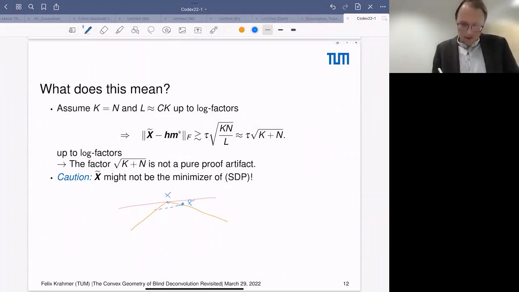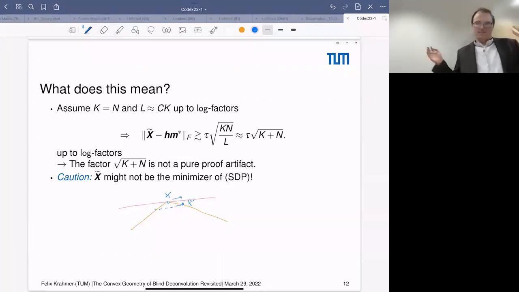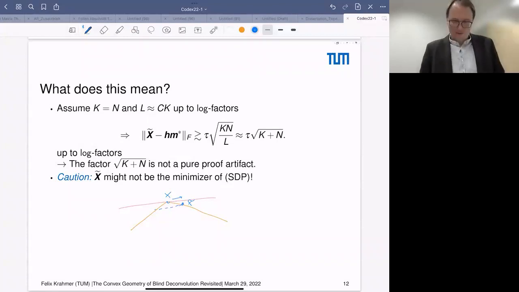Say the alternative solution has a nuclear norm that is smaller than or equal to that of x, but at the same time, it's far away and has measurements that are similar, because we are moving along the space of measurements. But that doesn't mean that this x tilde is necessarily the minimizer.